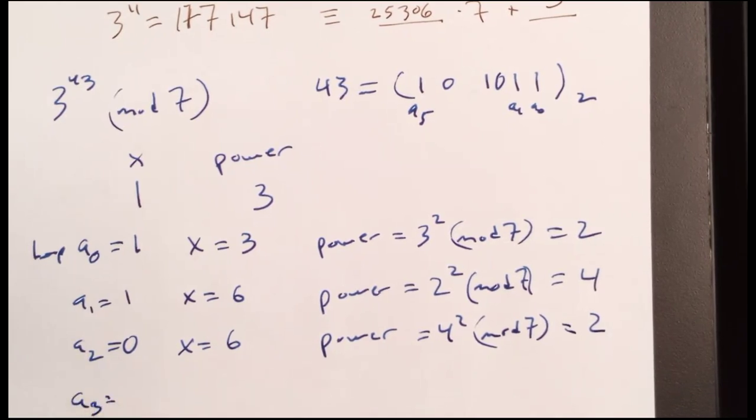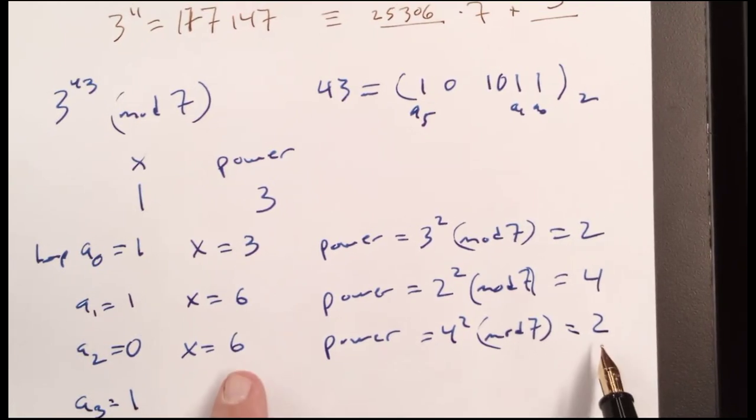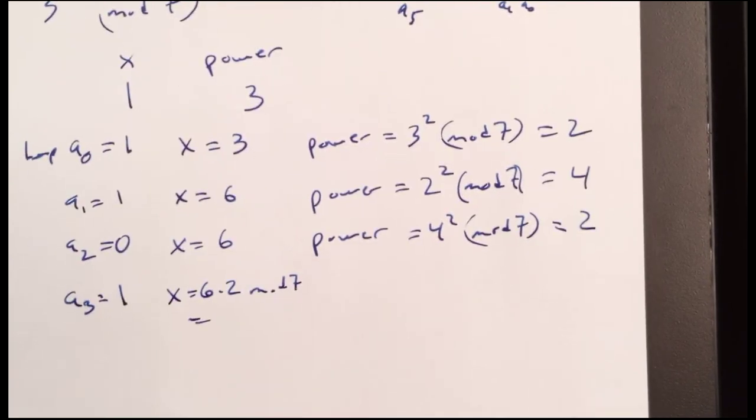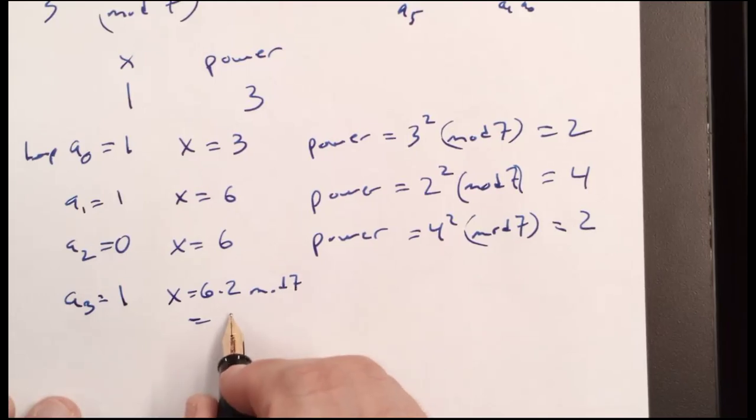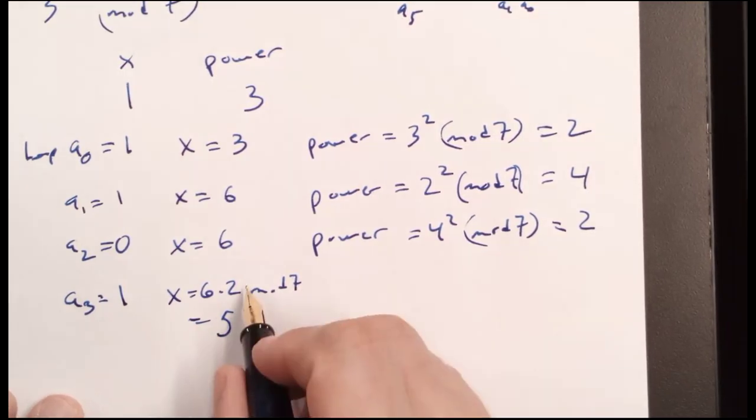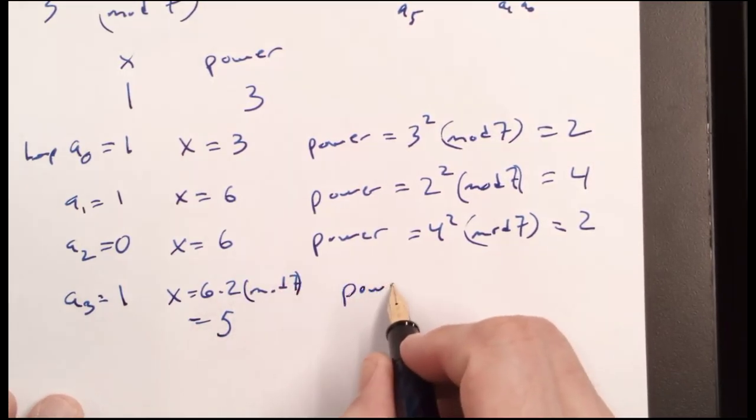A3. Is A3 a 1? Great. I multiply these two. Six times 2 is 12. 12 mod 7 is 5. And I square power.